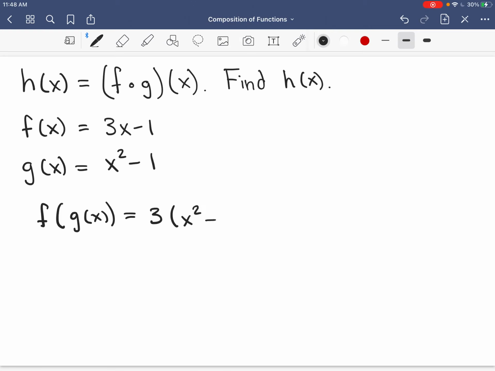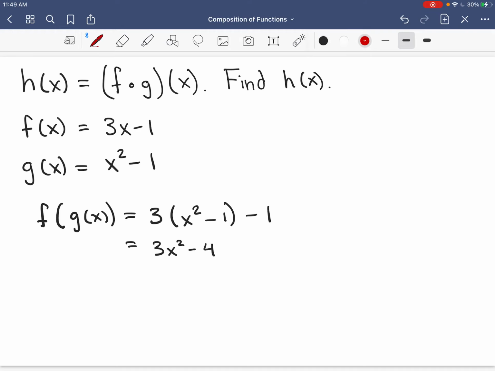So that's 3 times x squared minus 1. And then we still need to subtract 1, because f of something means you multiply it by 3 and then subtract 1 from it. When we simplify, we get 3x squared minus 3 minus 1, which simplifies to 3x squared minus 4. So that's f of g of x.